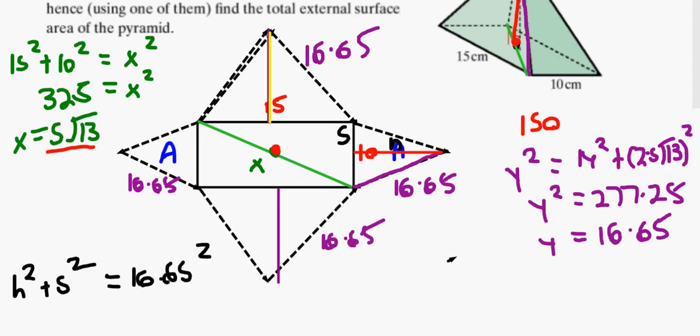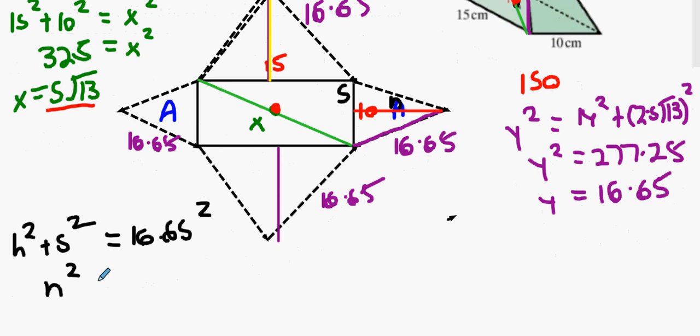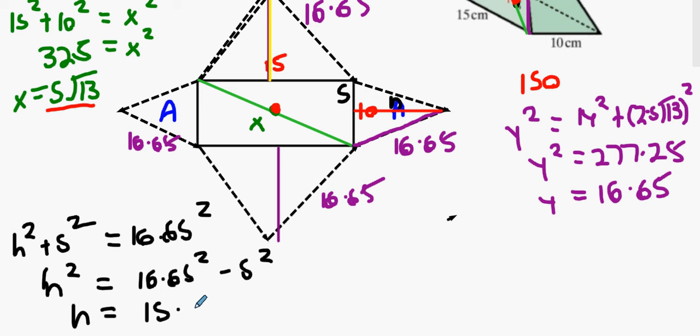So do me a favour and find out what h squared is. 16.65 squared, take away 5 squared and square root your answer. If you get it, let me know. 15.88. Okay, that's the red line.